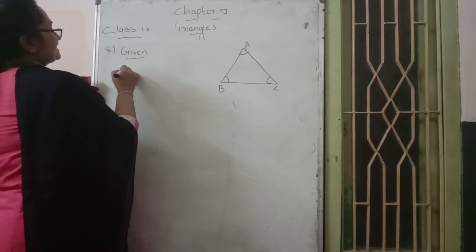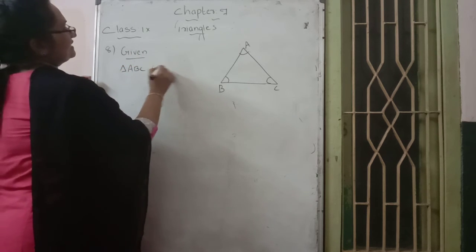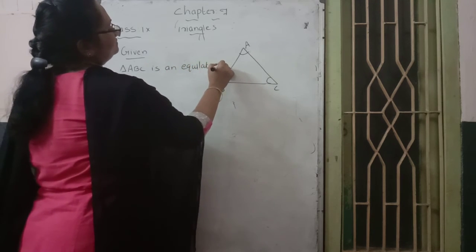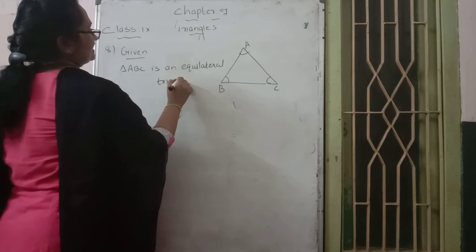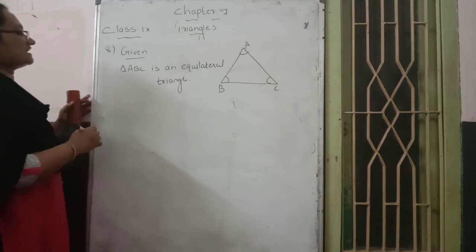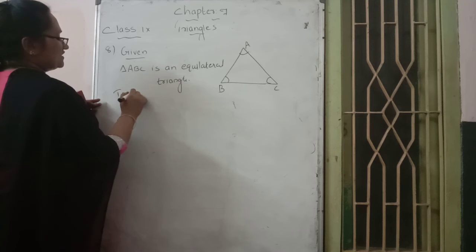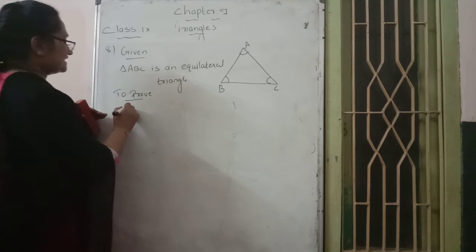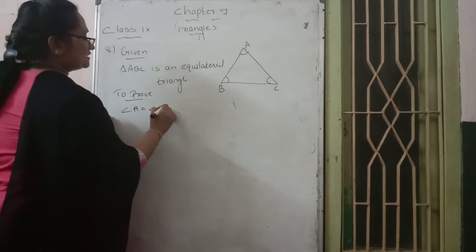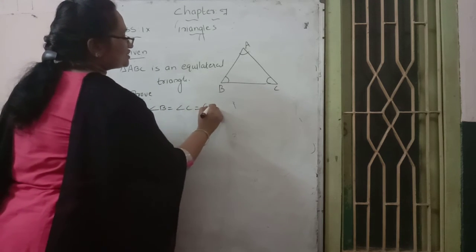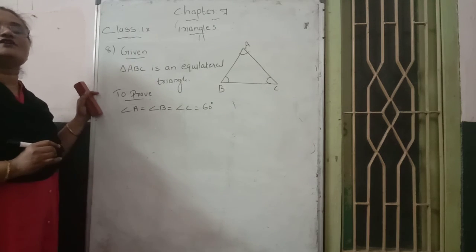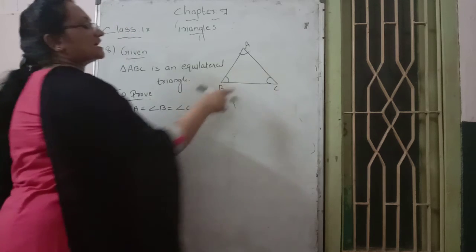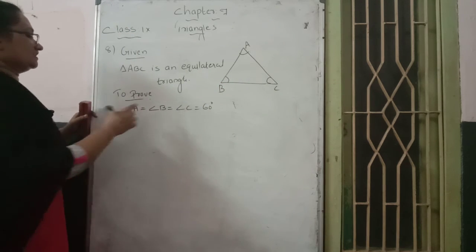Triangle ABC is an equilateral triangle. Then what we want to prove is to find each angle: angle A is equal to angle B is equal to angle C, and the measurement becomes 60 degrees. Angle A, angle B and angle C are each how many degrees? 60 degrees is what we want to prove.